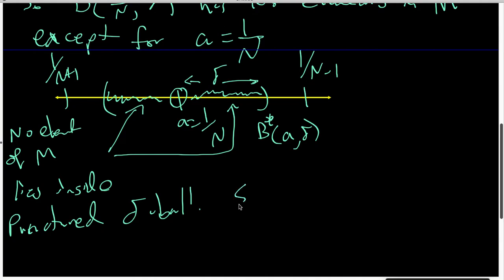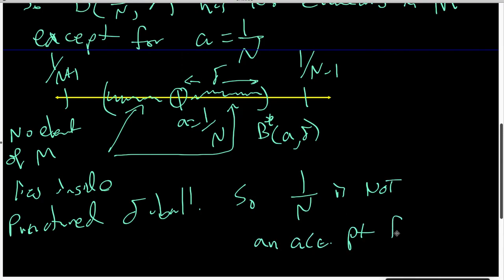And that says that 1 over N is not an accumulation point for my set, capital M.